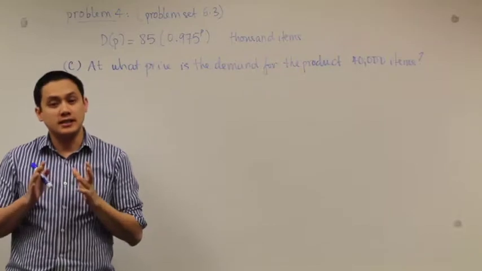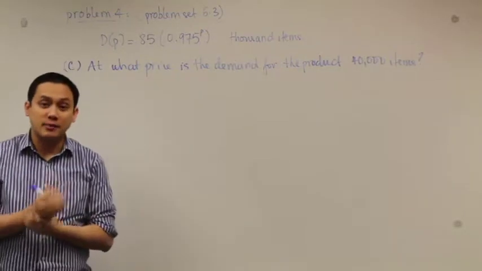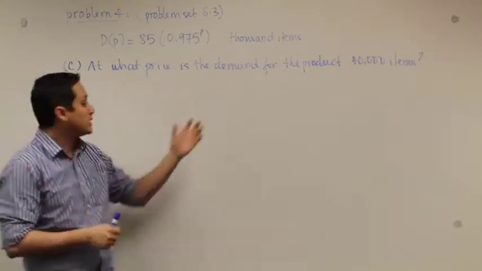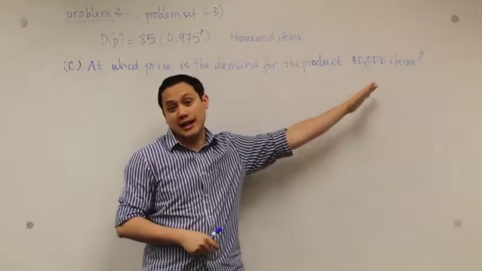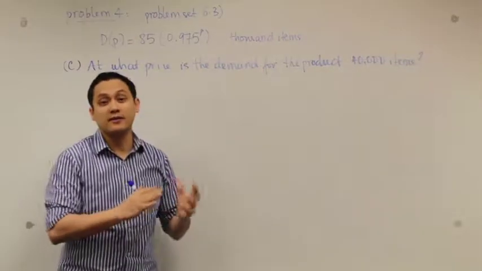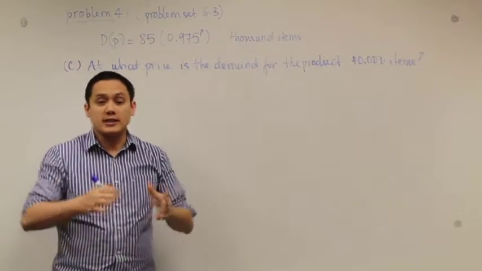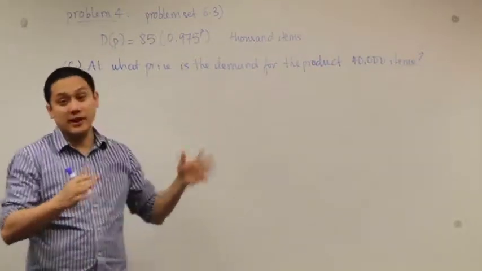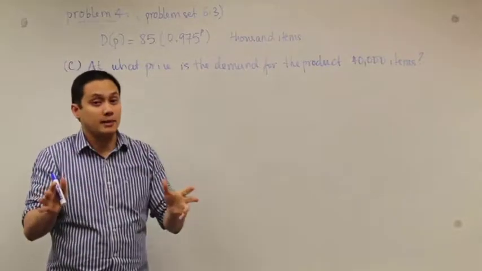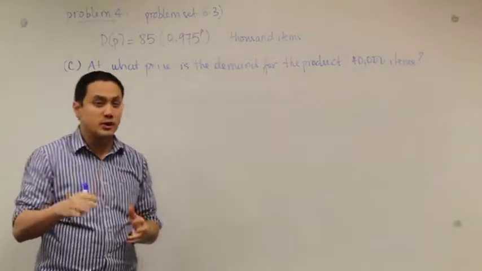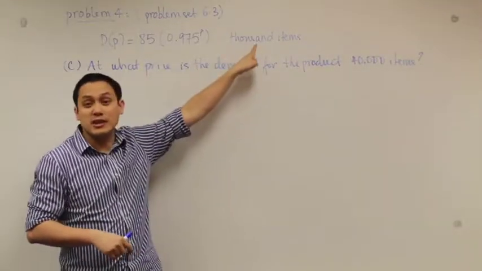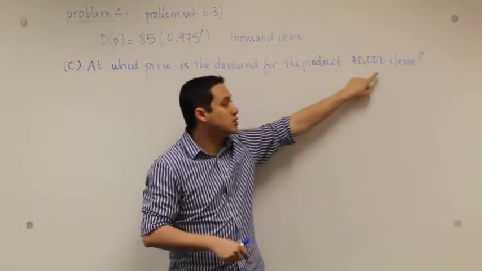In part C, the question asks you to calculate the price at which the demand is 40,000 items. Right? So we have done this in the previous example, that we're going to set the demand function equal to 40,000 items, but as I mentioned, you got to be careful with the unit. Here the unit is 1,000 items, but the unit given to you is items.